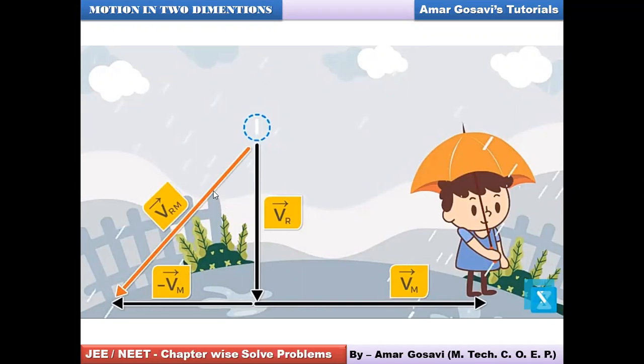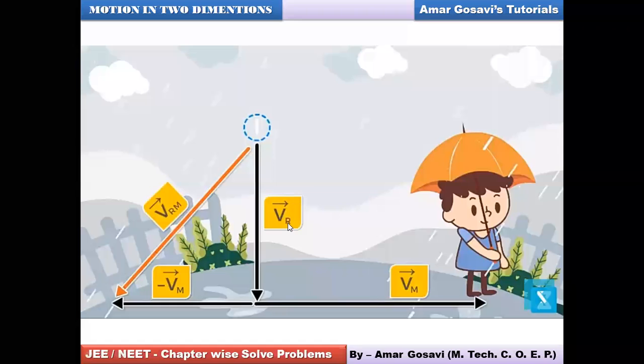Here you can see the man is holding the umbrella vertically straight. The raindrop falling on the ground, its velocity with respect to ground is in this direction: the black arrow along the negative y-axis, VR bar, which stands for velocity of rain.